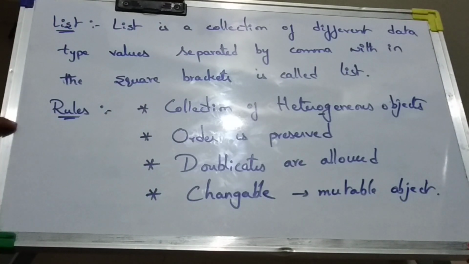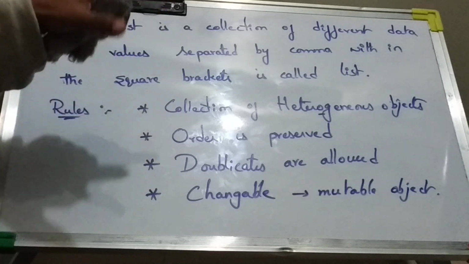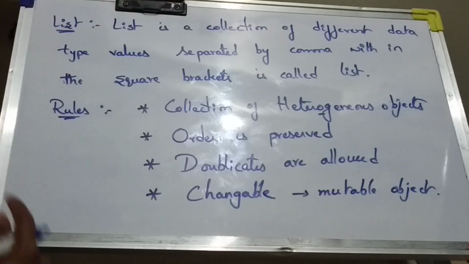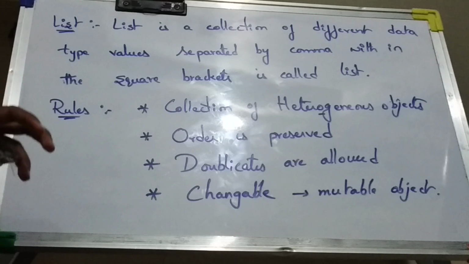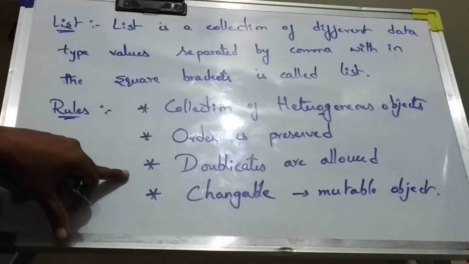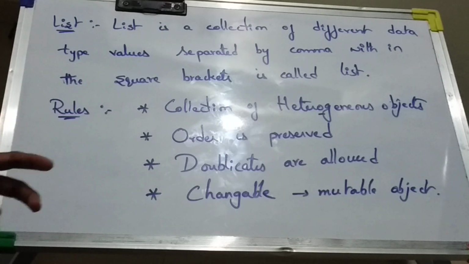This is the list. A list is a collection of different data type values separated by a comma within square brackets. Rules: it is a collection of heterogeneous objects, order is preserved, and duplicates are allowed. It is a changeable object, that means it is a mutable object.